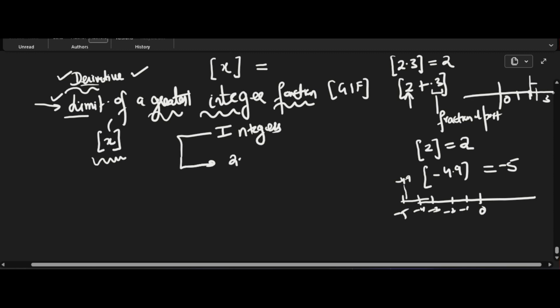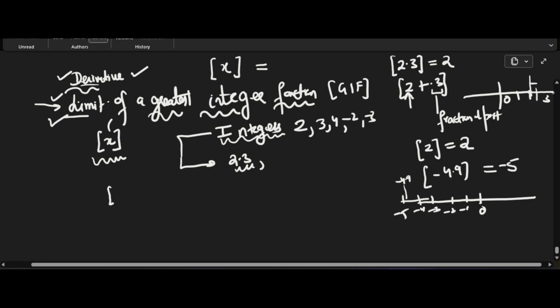A value of 2.3 is a non-integer value, but a value of 2 is an integer value. So you have to find it at 2, 3, 4, minus 2, minus 3, the integers, and then at non-integers. That's the way you need to approach this question. So let's start the question.